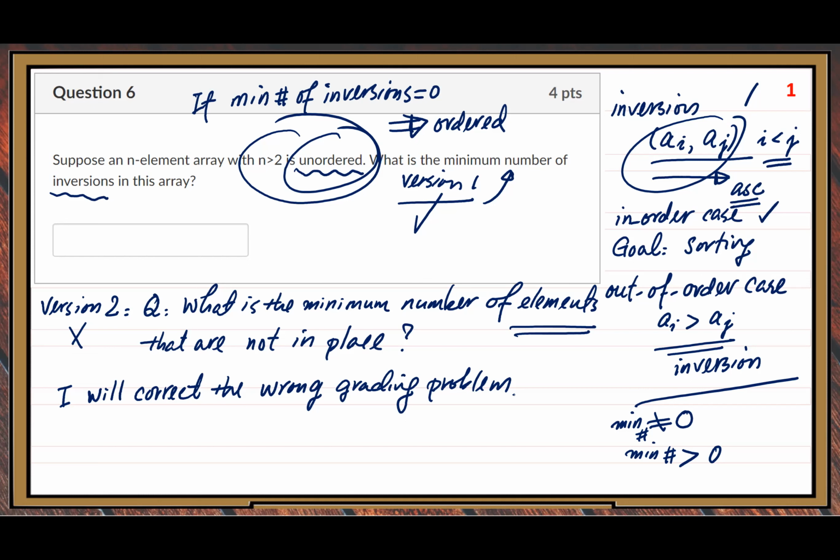I think I can find some place to see your answers. If I see you entered the correct answer but you didn't receive the points, then I will give them back. So that is this question. All right, I've clarified this question.